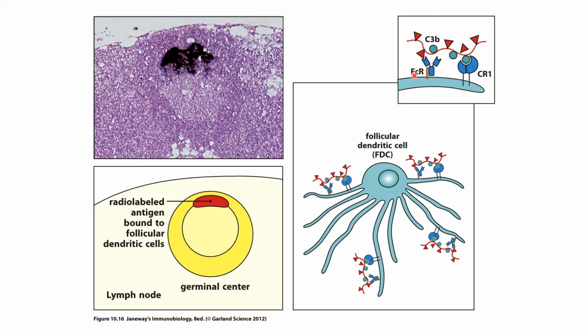So FcR, remember, is the fragment constant of the antibody's receptor. These follicular dendritic cells are going to be coated in these two types of receptors and many others. So that way things coat their surface, but they are not going to be taken up. They're not going to be processed.